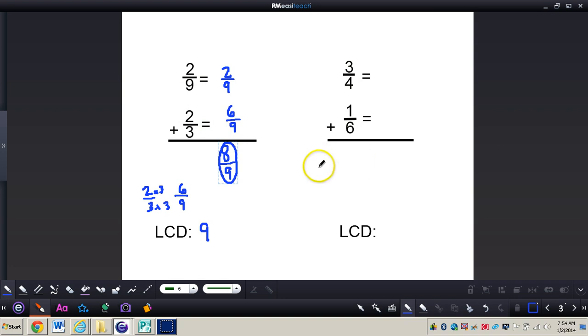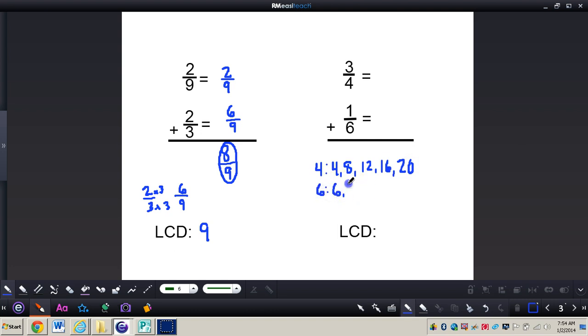So first of all, write the first 5 multiples of 4. 4, 8, 12, 16, 20. First 5 multiples of 6.